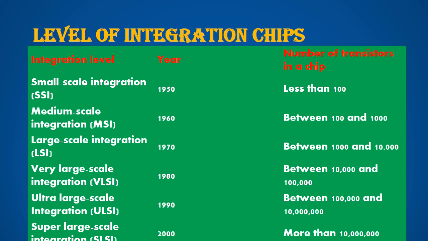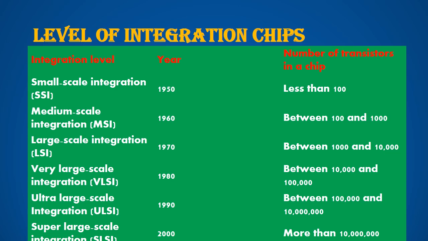Next, level of integration of chips. Depending upon the number of transistors present inside a single IC, the level of integration is classified. So in the year 1950 there comes small scale integration. So the number of transistors in a chip is less than 100. Similarly in medium scale integration the range is between 100 and 1000.